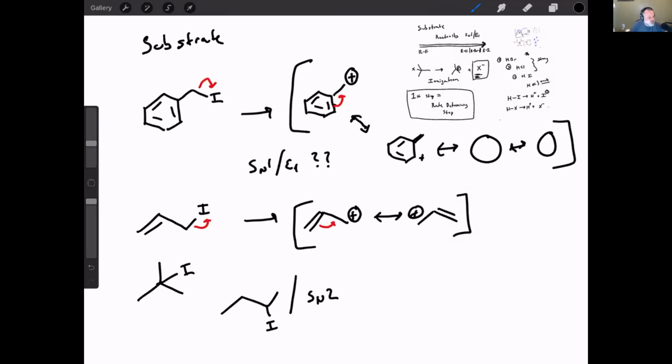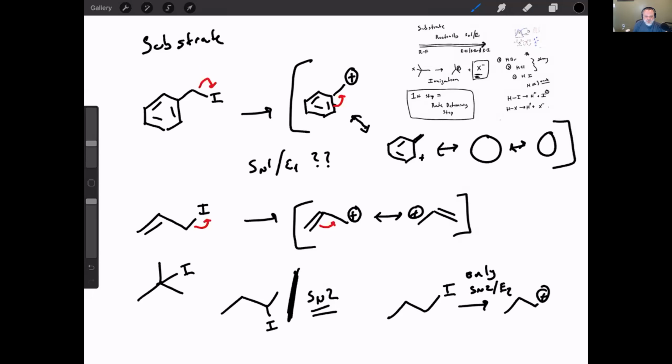They're often too slow to think about the E1 or SN1 process happening, but it is in competition with SN2 and E2. A primary substrate cannot form readily a primary carbocation. So this is, in general, only SN2 or E2 reactions. That's the only case.